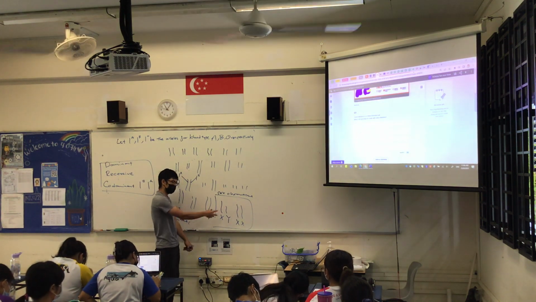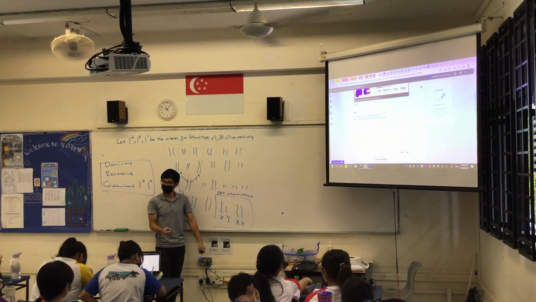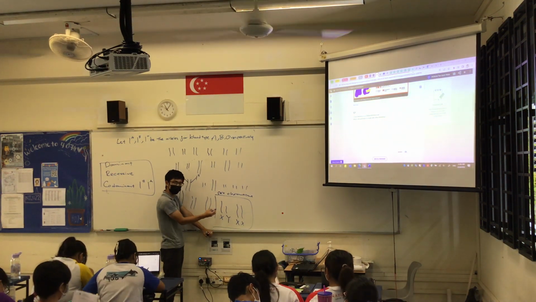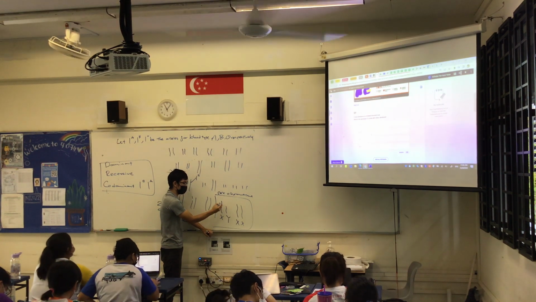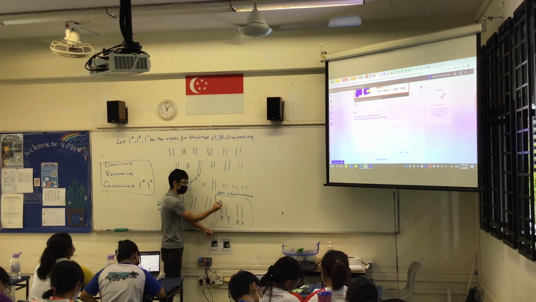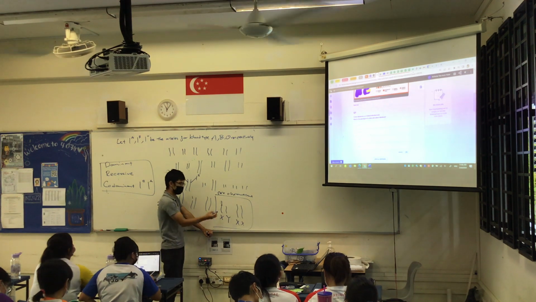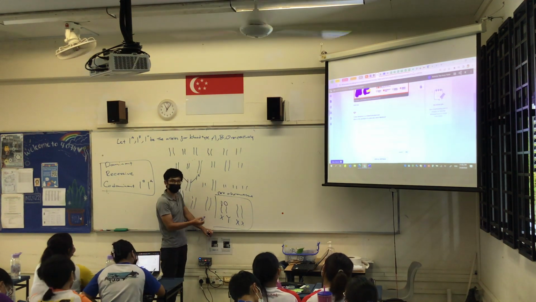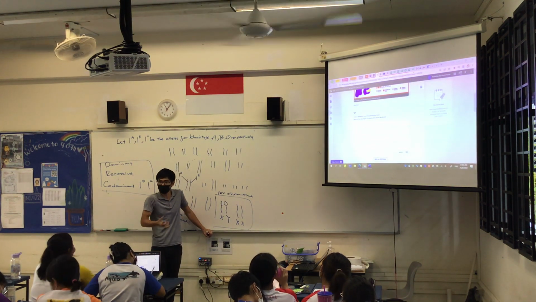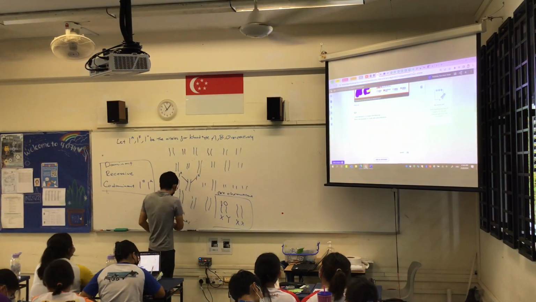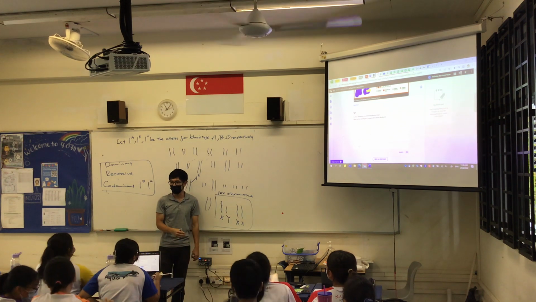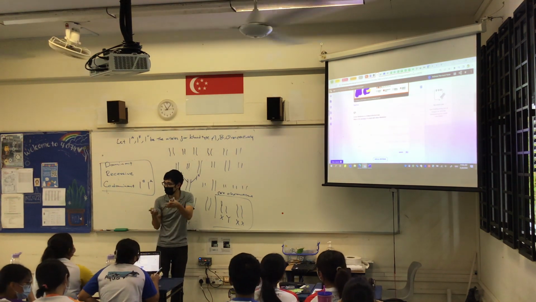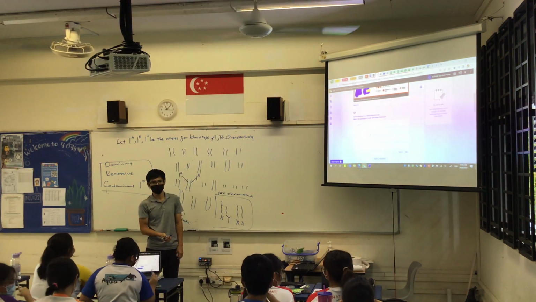The Y chromosome is much shorter. Whatever the X chromosome has in this region, all these genes over here, the Y chromosome won't have in that region, because it's way shorter. In other words, the Y chromosome does not have some of the genes that the X chromosome has. It is just a shorter strand of DNA.